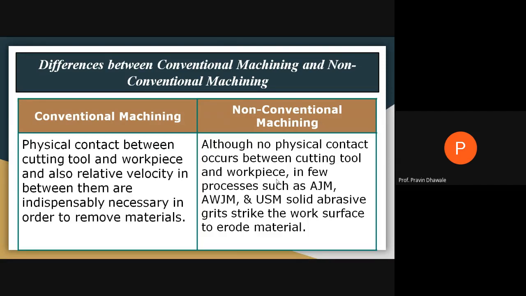So there will be a certain movement between the tool and the workpiece, and that movement is essential. It is necessary in order to remove the material from the workpiece. This is all about the conventional machining process, which is related with the physical contact that is required to remove the material from the workpiece.